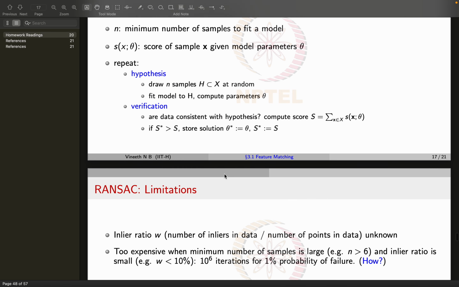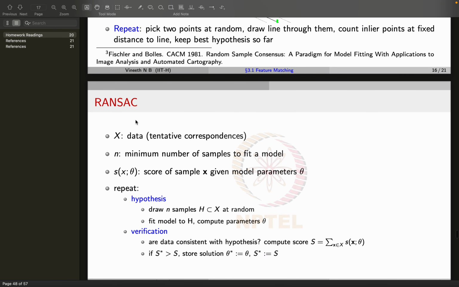To summarize, we have the data points, and n is the minimum number of samples to fit the model. If I have to fit a line, I need 2 data points. S is the score, that is the number of inliers in this case. I keep repeating: I randomly sample n samples, in this case 2. But if I have to fit a plane in 3D space, then I would have to sample 3 points randomly.